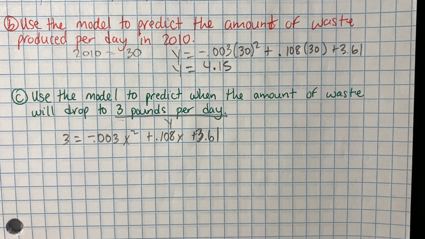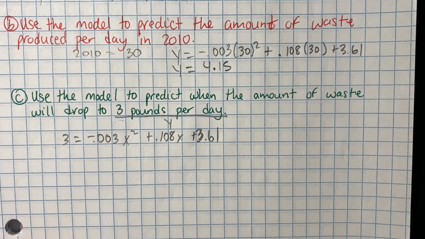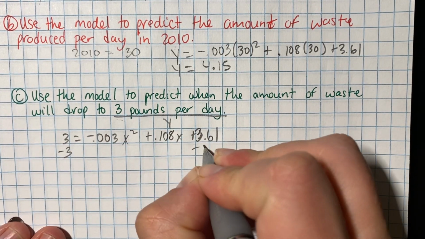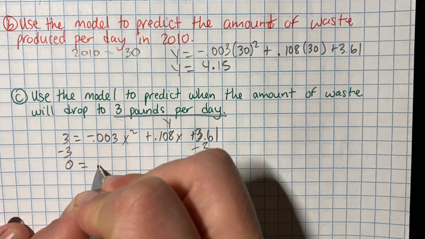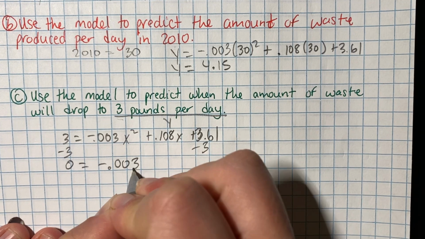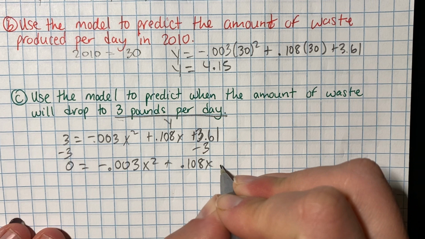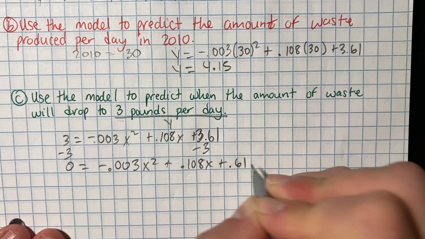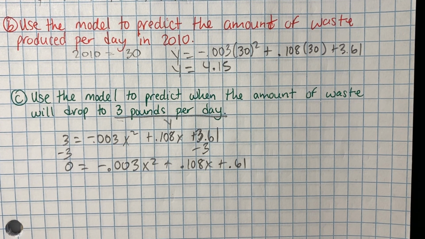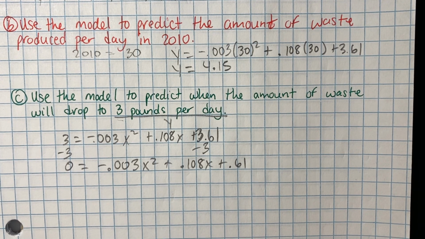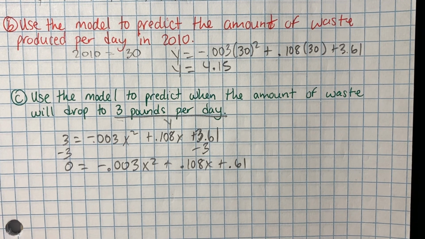3.61. Okay. We want that to be 0, so we can use the quadratic equation. Subtract 3, so plus 0.61. Okay. And now we're going to plug that into the quadratic equation to see if we can find out when that will occur with x.